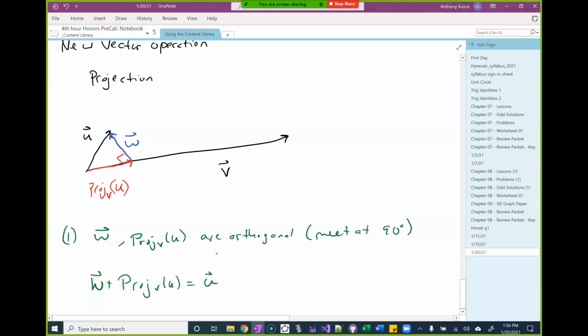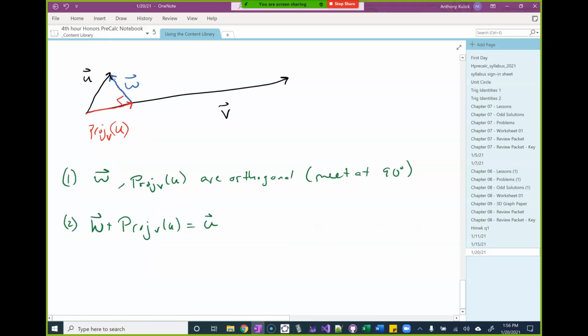Everybody's okay with that idea? So what becomes important to us then is how do we calculate that projection? Well, there's a formula, which is lovely, right? We love formulas.